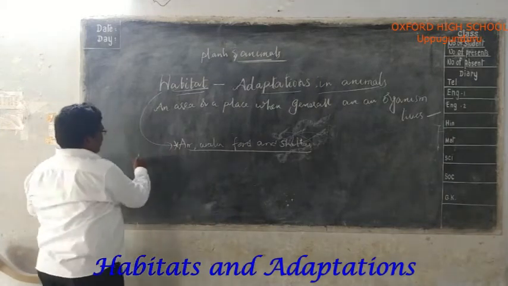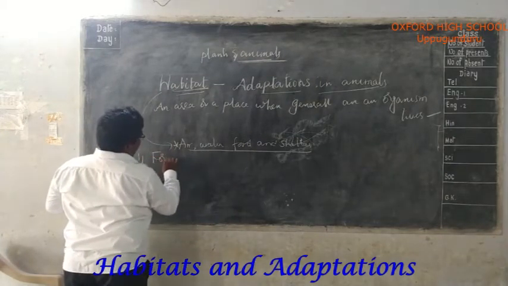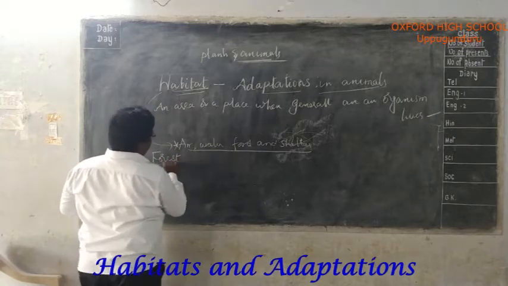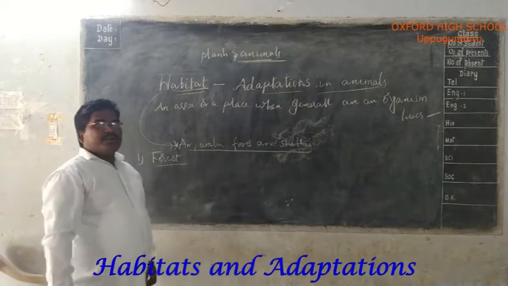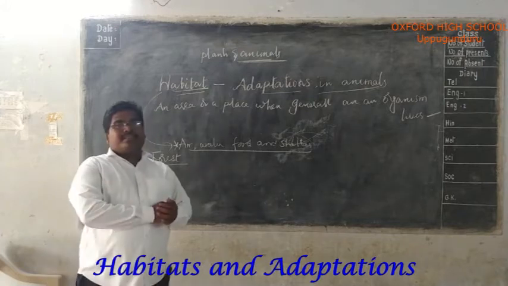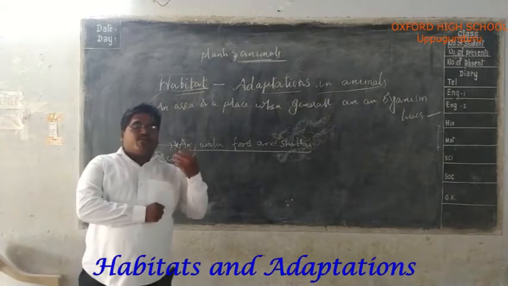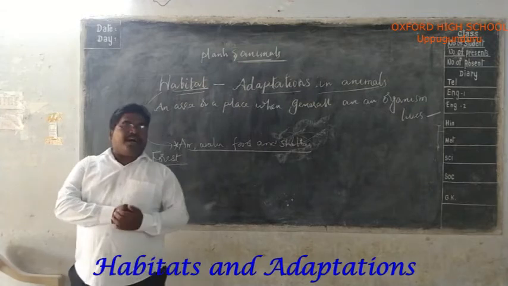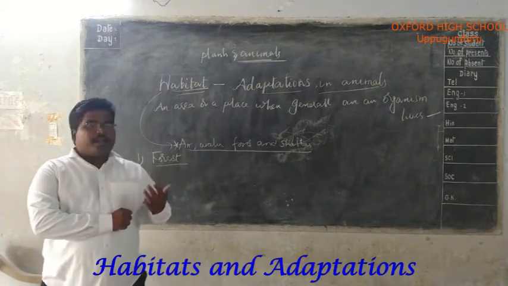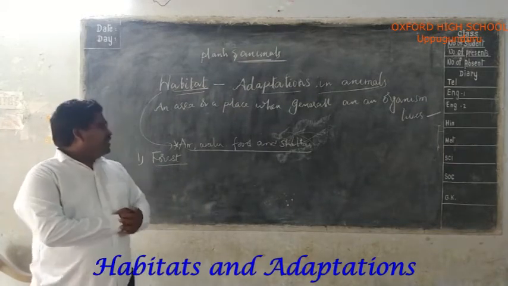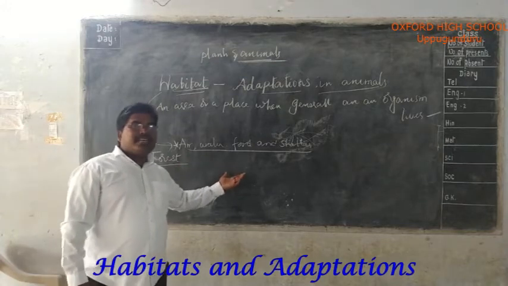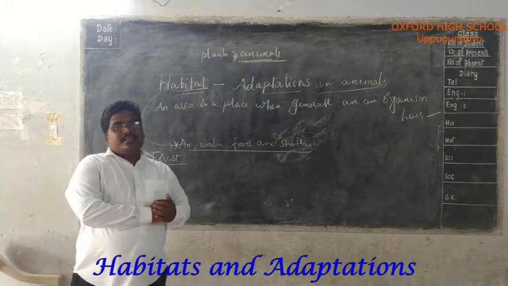The first one is forests. Forest is a habitat where we can see a variety of flora and fauna. Flora means plants, fauna means animals. So a variety of plants and animals are present in the forest.